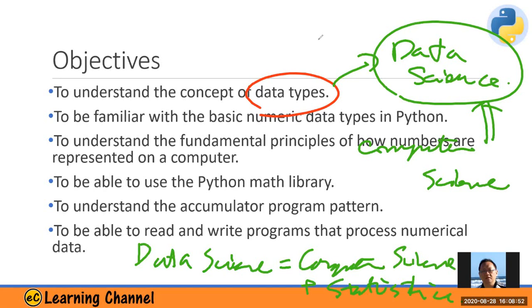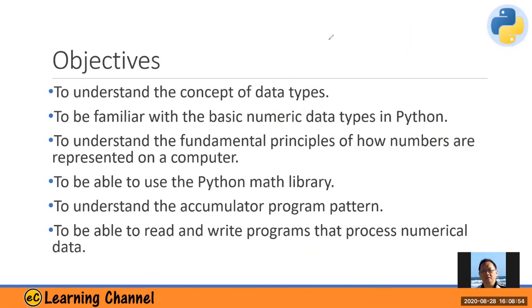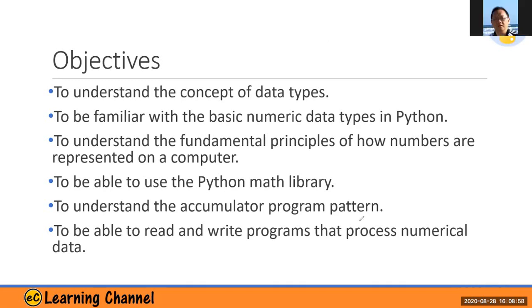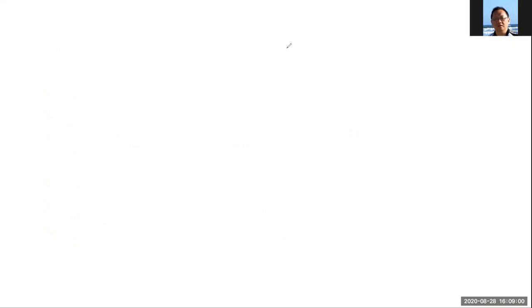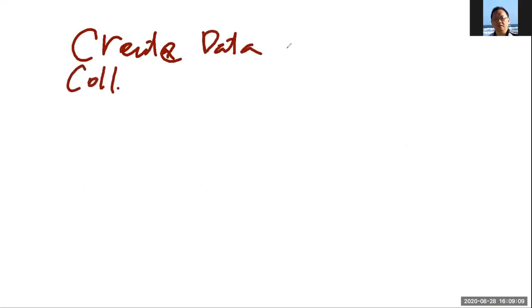And the first step of data science is to create or collect data.